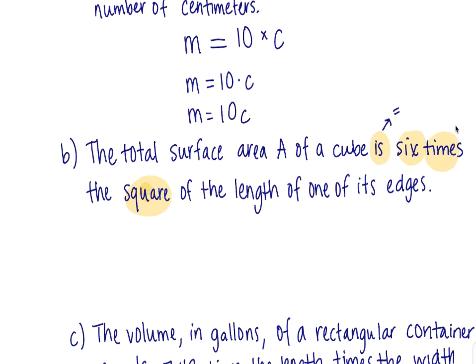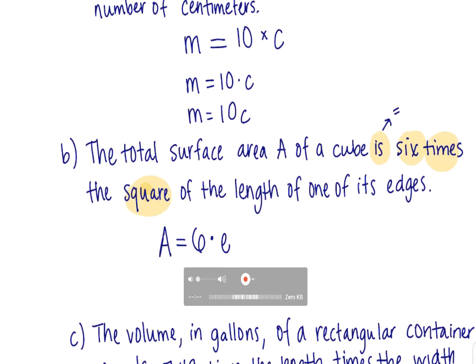So here the total surface area is A, and we know that is or equals, and here it says 6 times, so I'll do 6 dot, the square of the length of one of its edges. The variable that we need here, we're using e. So we will use e, and square means you raise it to the second power.